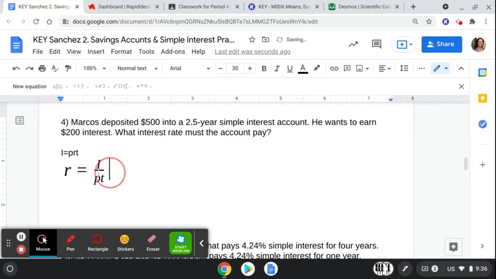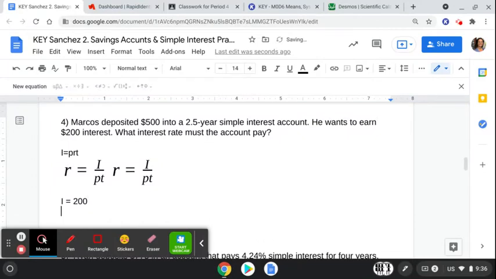All right, let's see if we can identify these variables. And then we'll plug in there. So for the interest, if he deposits 500, that's our original purchase, but he wants to earn 200. So the interest he wants to earn is 200. The amount he deposits is our principal. So that's 500. What interest rate?